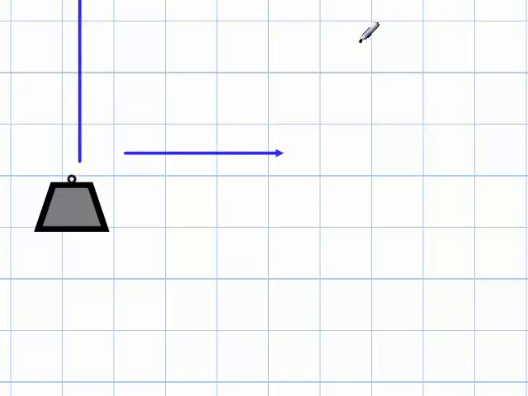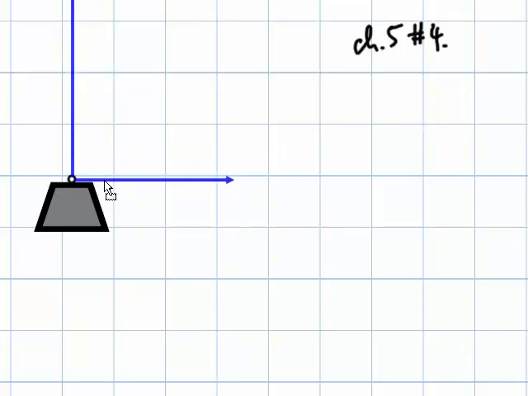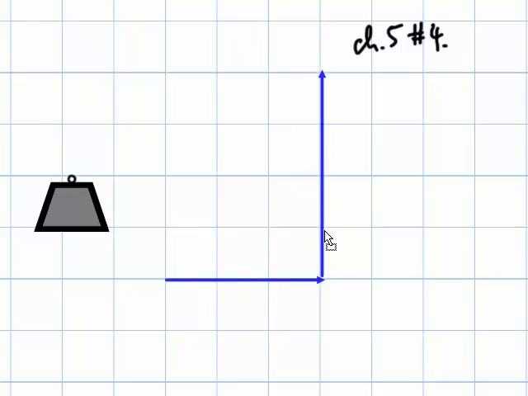Okay, chapter 5, problem 4. Forces of 3.0 newtons and 4.0 newtons act at right angles on a block of mass of 2.0 kilograms. How much acceleration occurs? So here we have this force acting that way and that force acting this way. In order to calculate, we have to put them tip to tail.